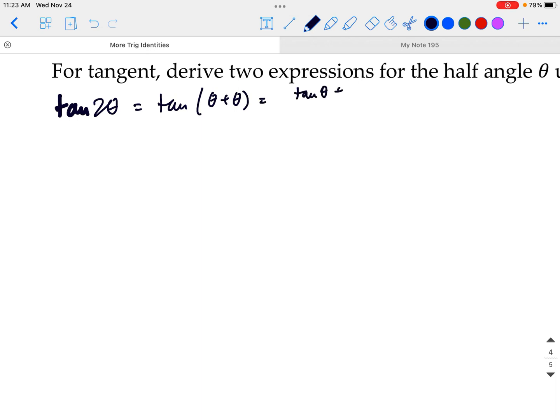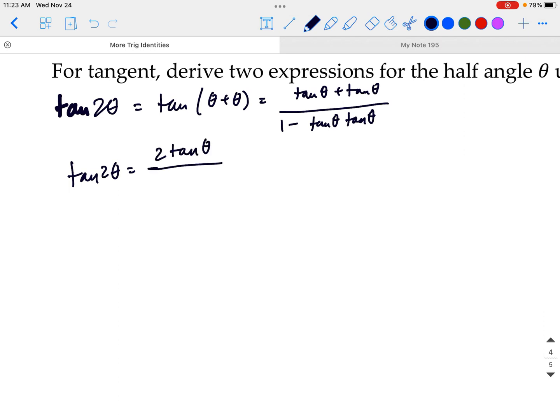So that's going to be tangent theta plus tangent theta over 1 minus tangent theta times tangent theta. But that just means that tangent 2 theta is 2 tangent thetas in the numerator over 1 minus tangent squared.